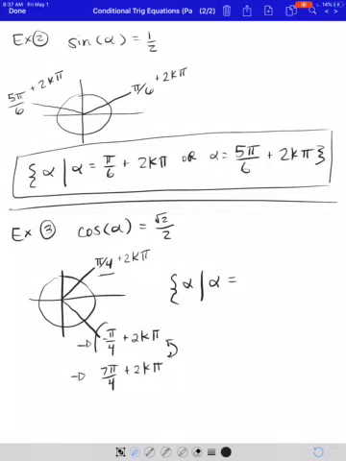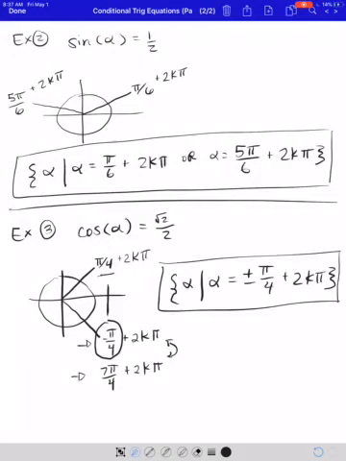But if we choose this negative pi over 4, then we can actually combine these two equations from the first quadrant and the fourth quadrant into one. And we can say alpha is equal to plus or minus pi over 4 plus 2k pi. And this describes all of our solutions.